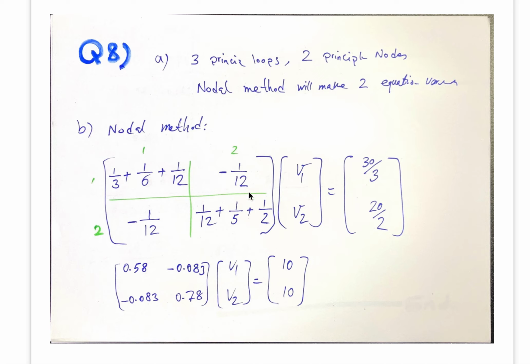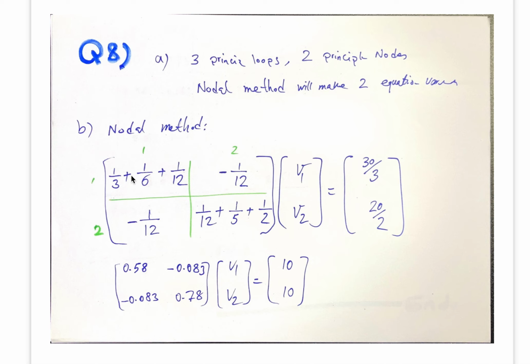Now the challenge is how to find these coefficients, or the cells of this square matrix. The diagonal elements are the conductances connected to the nodes, the total conductances connected to the nodes. For example, this one, which is cell 1, 1.